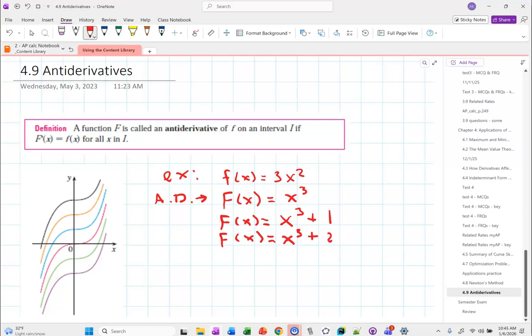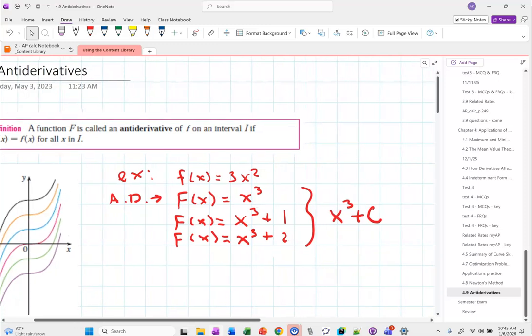So how many antiderivatives are we going to be able to write? Infinitely many, right? So in general, what we'll do is we'll just say the antiderivative is really just x cubed plus some constant c, whatever that constant is.